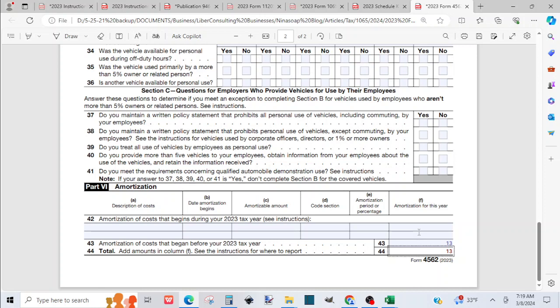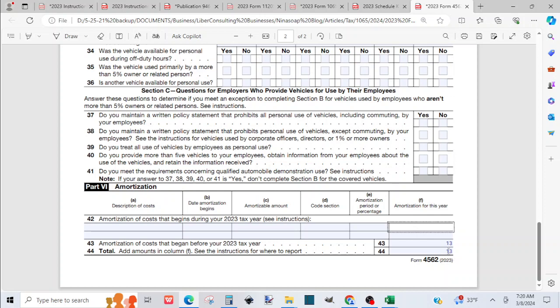But if you place an asset in service during the year, the amortization deduction will be in column F. You'll total that plus anything you are amortizing from prior years, that is on line 43, and that will give you line 44.